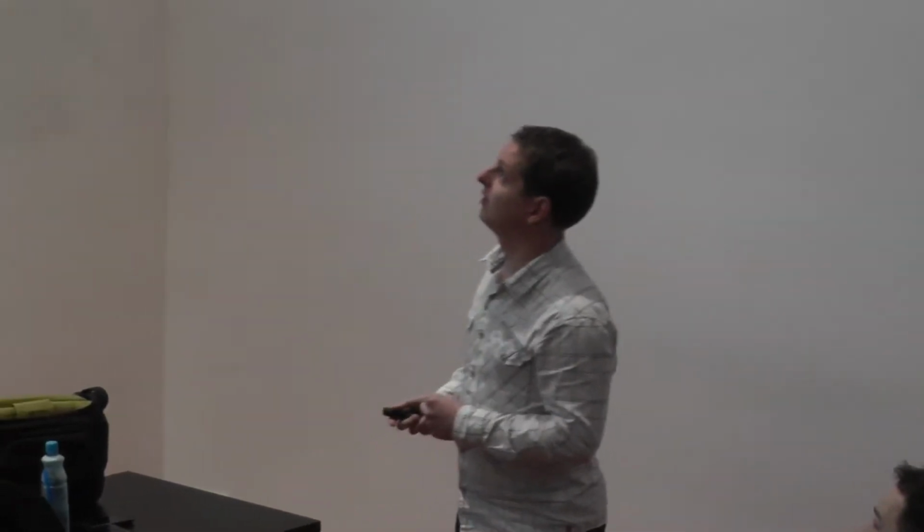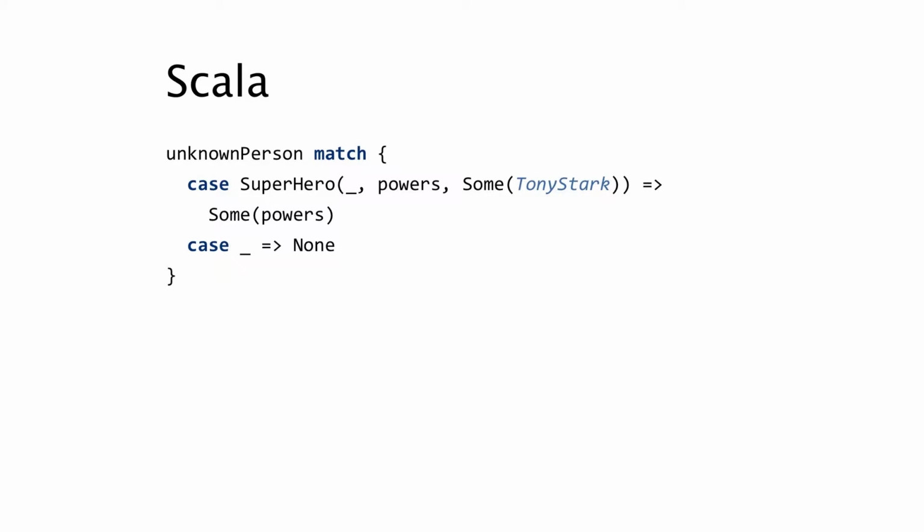While in Scala, you can type it just once. This is almost identical code to the Java version, and this is the match expression again. But see, in the case clause, in the branch, there is no constant to match against. There is a pattern.